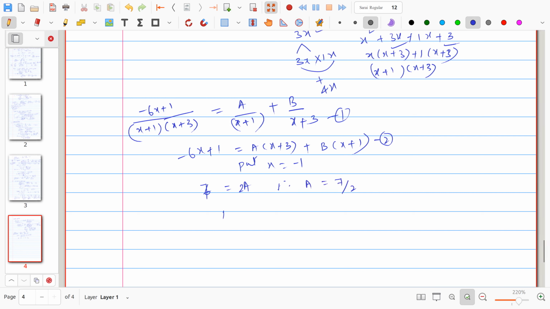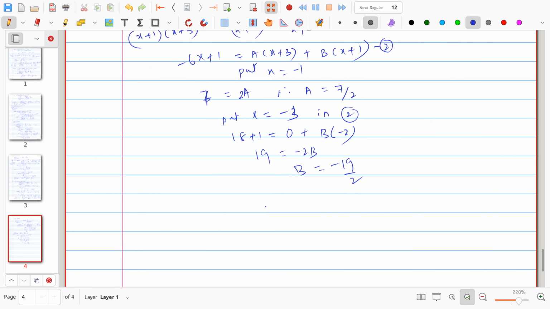Then put the value of x equal to minus 3 in equation 2: 18 plus 1, 19, and the a term will be 0, and the b term will be b into minus 2, so 19 is minus 2b, so b is equal to minus 19 by 2.